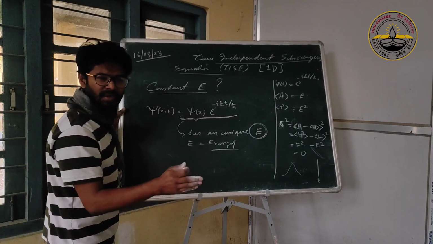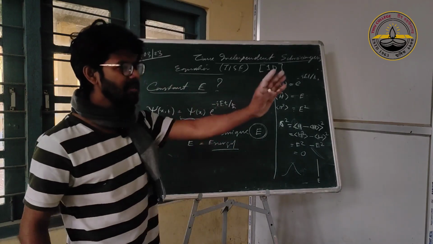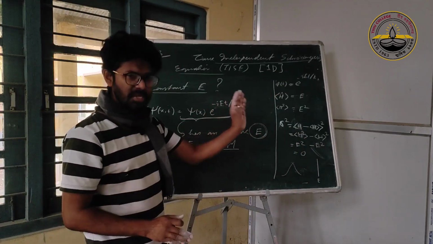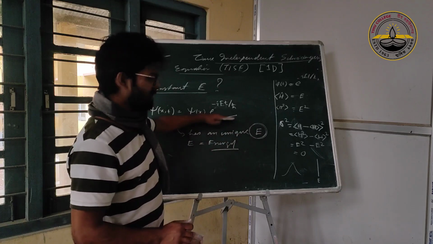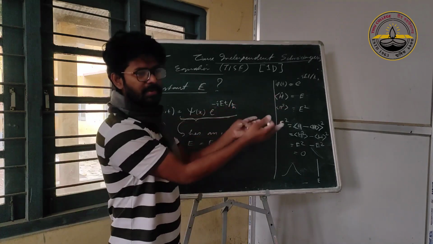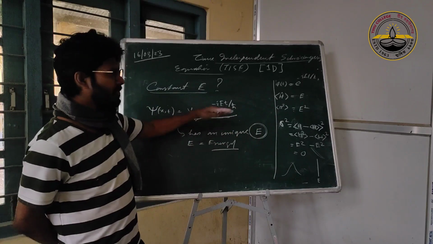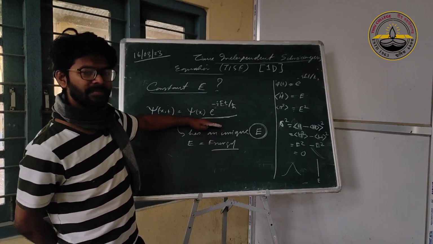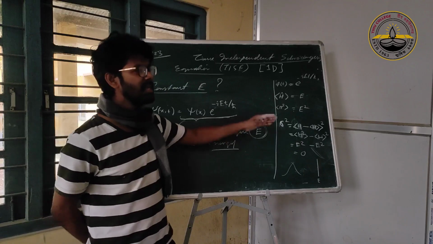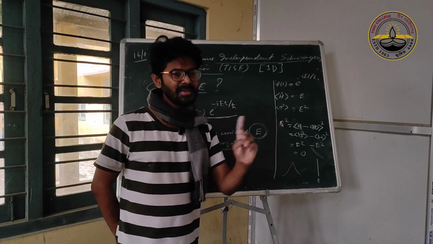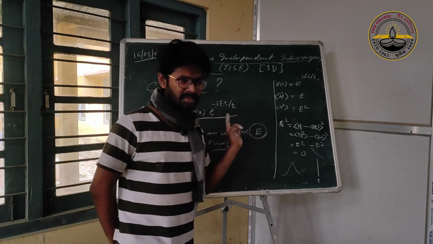There is no variation. If you take 10 boxes, and the state of the particle is like this, given by a wave function, then you will get a specific value E in each box. There is no E1, E2, E3, no spread, just one constant value.